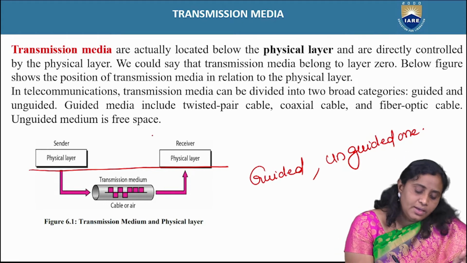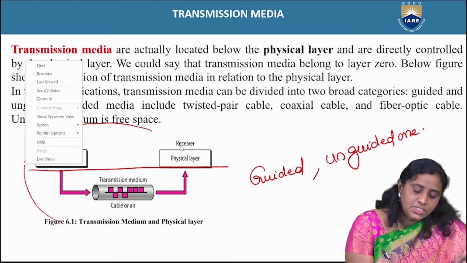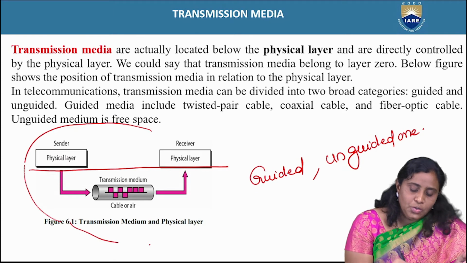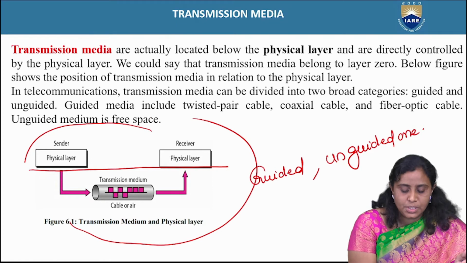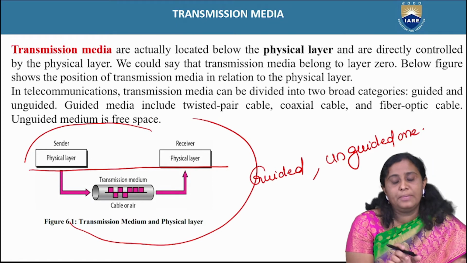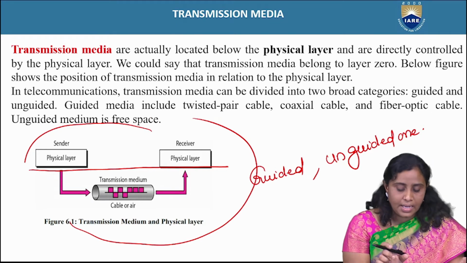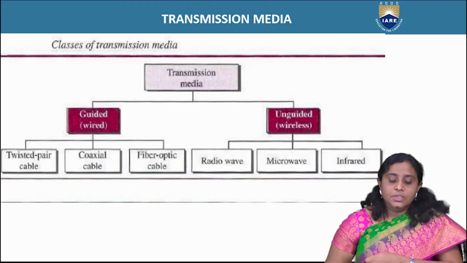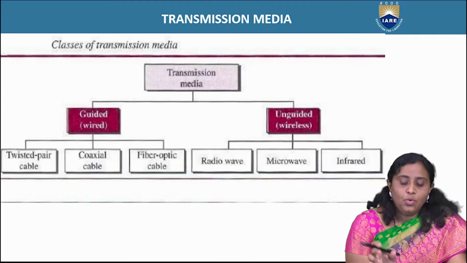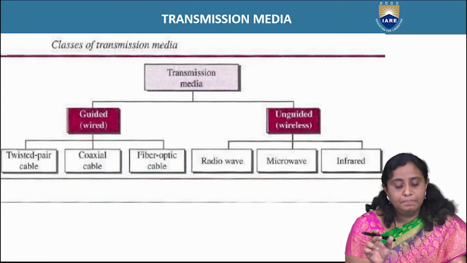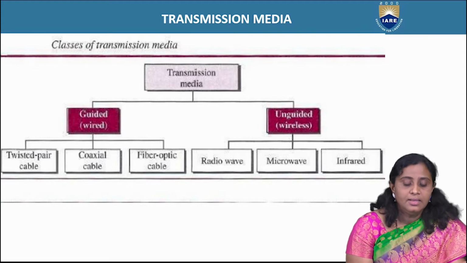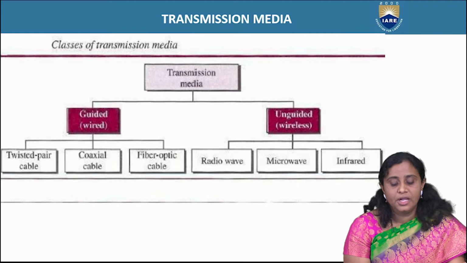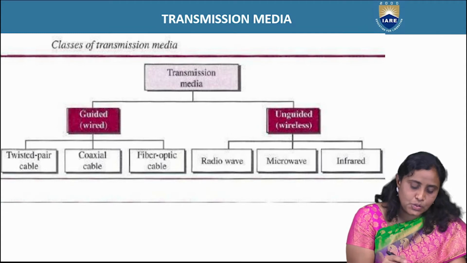This is a simple example I want to discuss: there will be one sender and one receiver, and the transmission media will be either guided or unguided. Here is the pictorial representation, or schematic diagram, of transmission media. The classification of transmission media consists of two types.